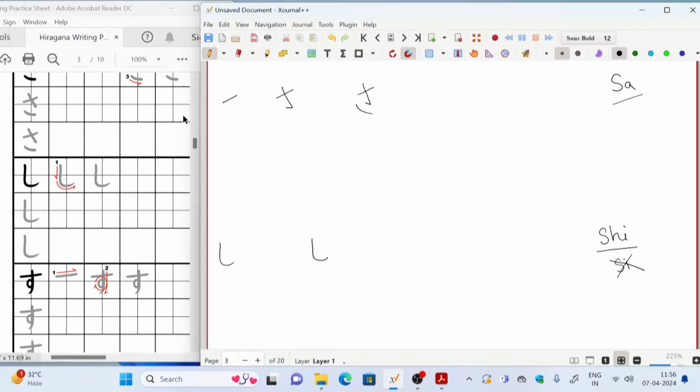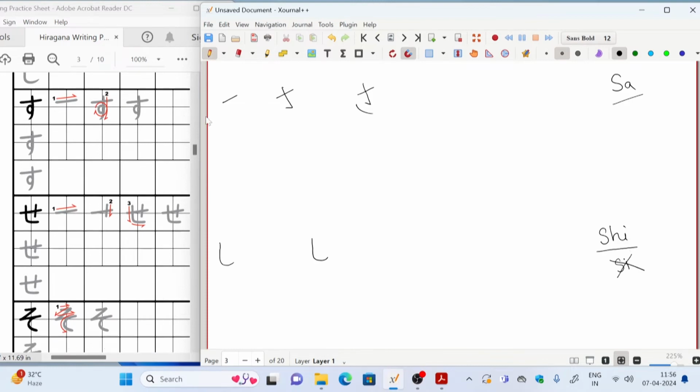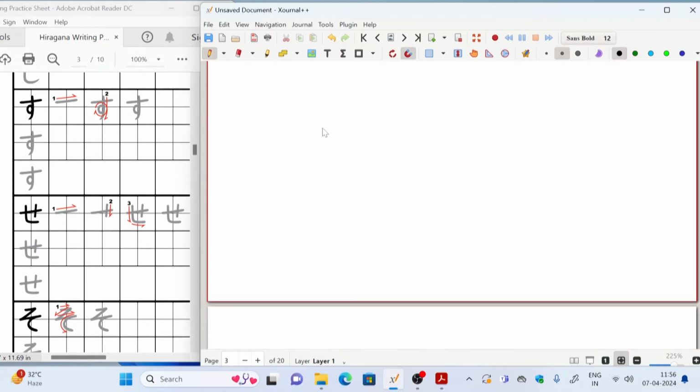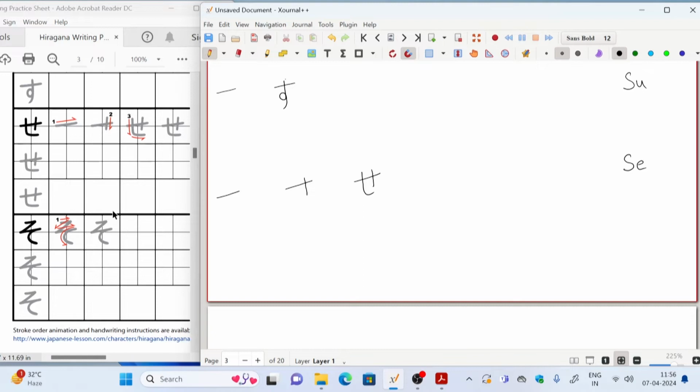Next is Su. First and second. So this is Su. Next is Se. First stroke, second stroke, and then the third stroke. This is Se.